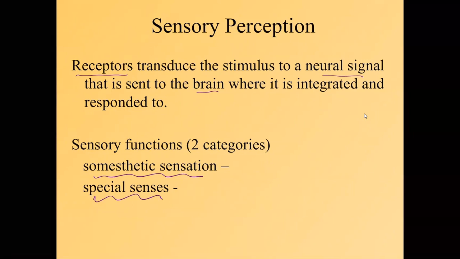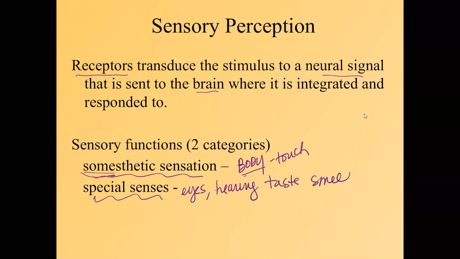Somaesthetic, we always think body, so this is overall touch. The special senses are things that are occurring in your cranium: eyes, like visual, hearing, taste, smell. Those are considered special, while the others are more general.